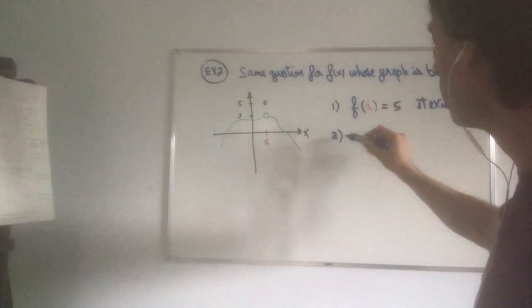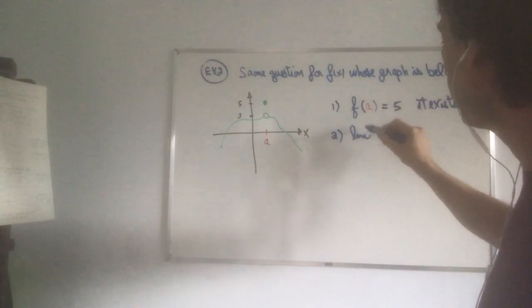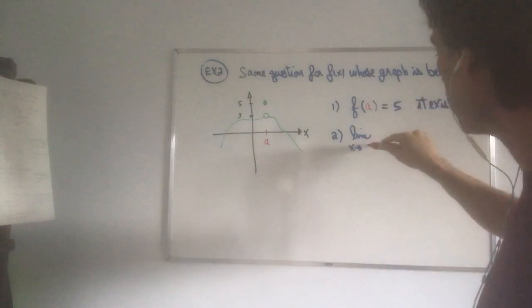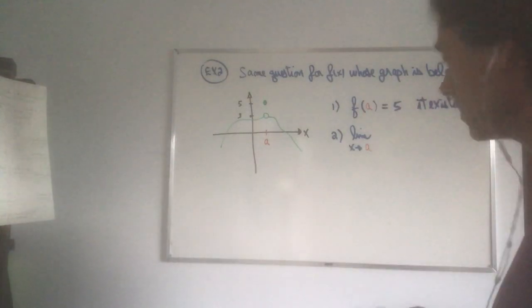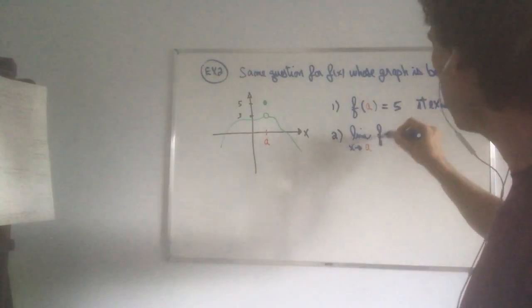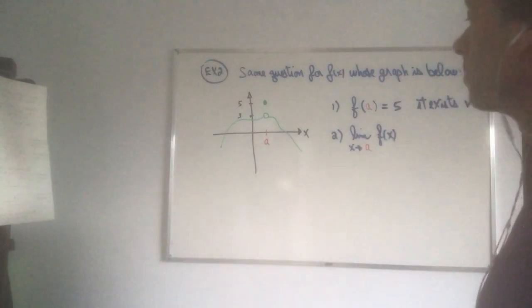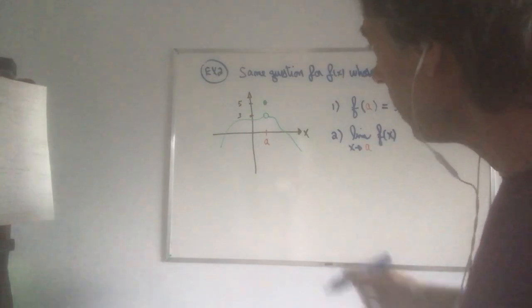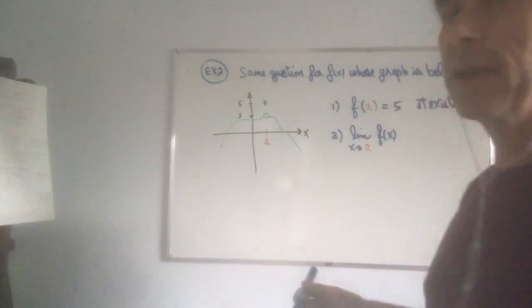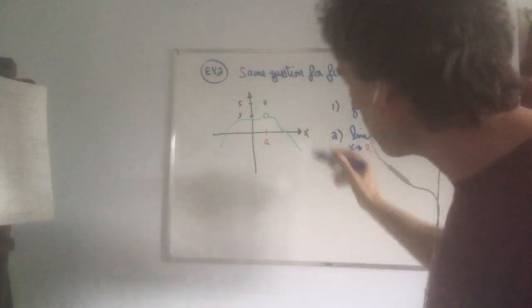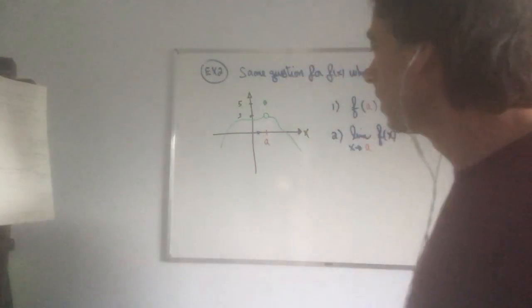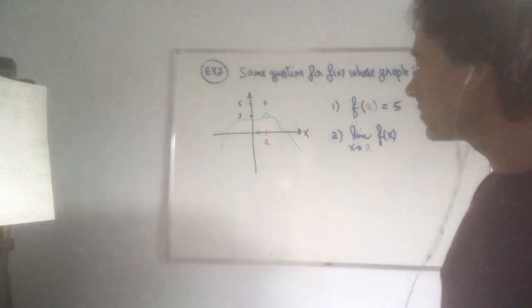Condition 2, I need to verify that the limit as x approaches a of f of x exists. What is that equal to? Well, we have to investigate that a little bit, but we'll remember our very first lesson on limits, which were graphical limits. So I'm approaching a. Let me be here on the left of a and getting closer to a.